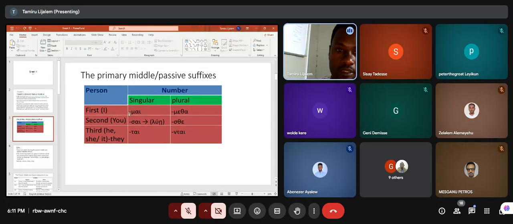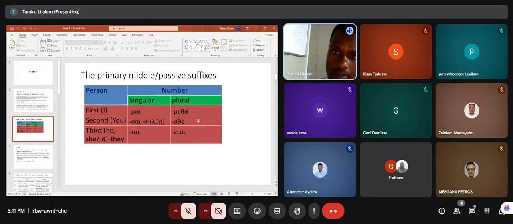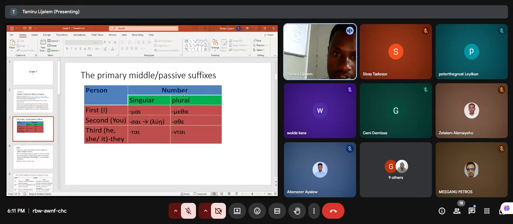I have discussed the characteristics, or the unique features, of Greek verbs. They have five things in common. For example, they have person and number. So Greek has either prefix, infix, or suffix. The person and number suffixes are given here.